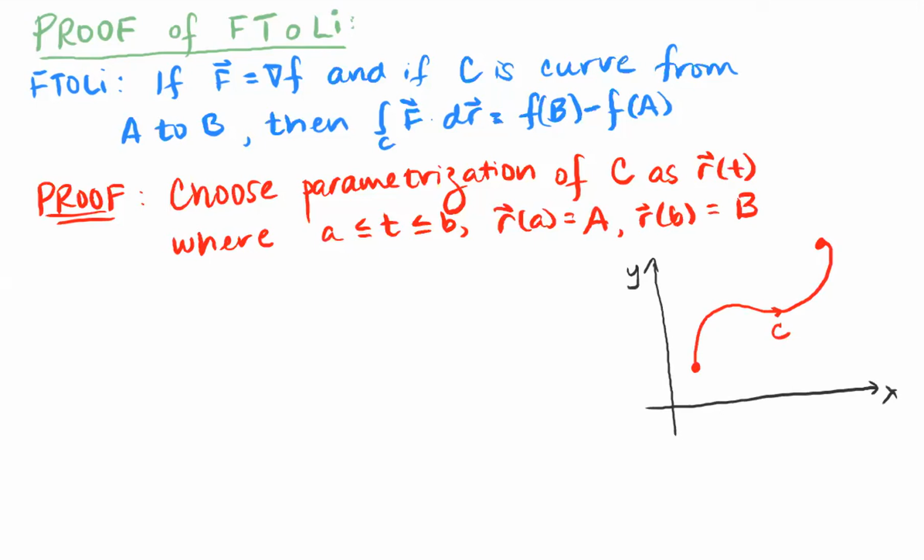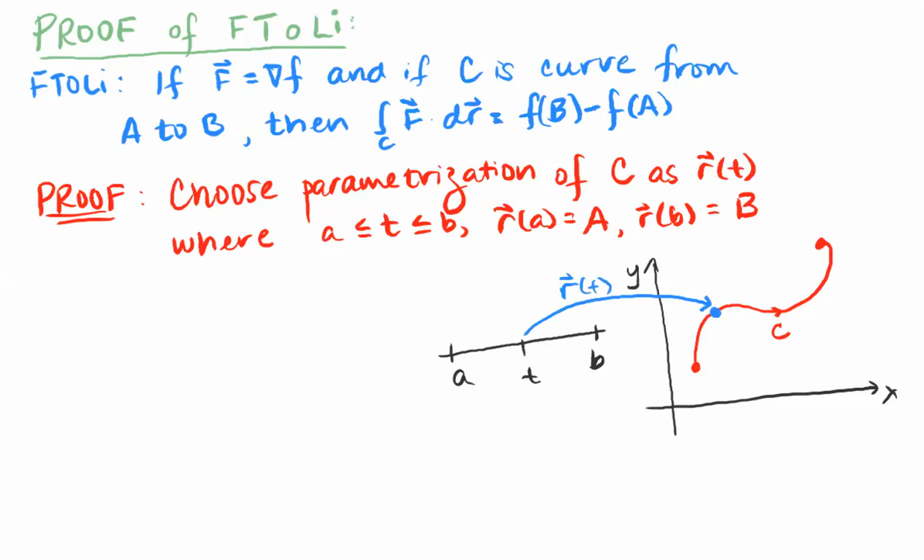And then we've got our parameterized interval, where we have r of t mapping from our interval to our curve C.